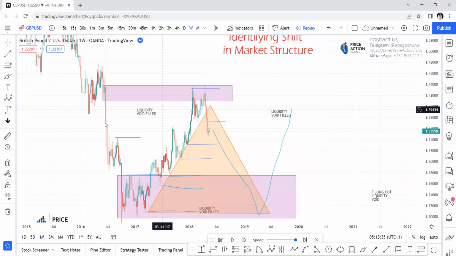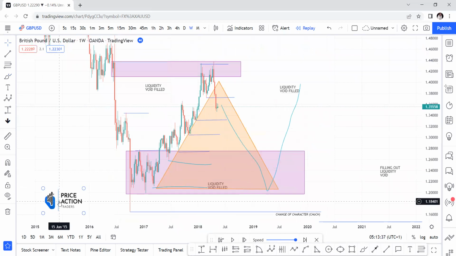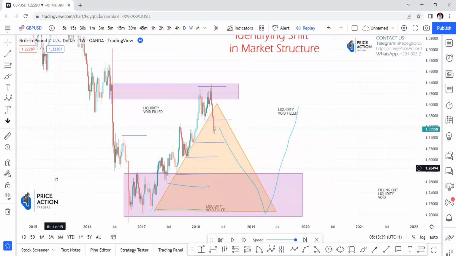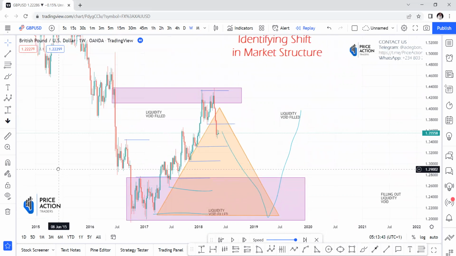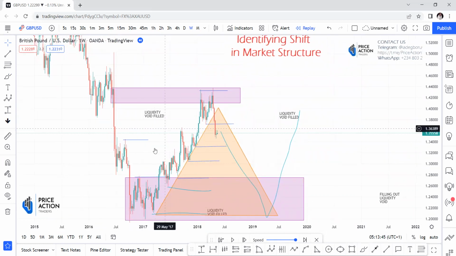So that's exactly what is happening here. It's basic, it's a fundamental truth. Whenever a gap is created, markets will usually go back there to fill up the gap and continue in the direction opposite to it.